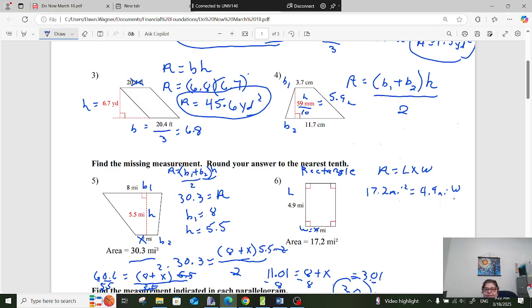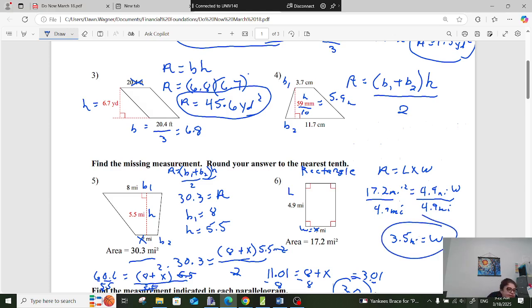So when I divide by 4.9 miles, miles squared over miles just means miles. What is 17.2 divided by 4.9? Which would be 3.5 miles. That'd be the answer for number 6.